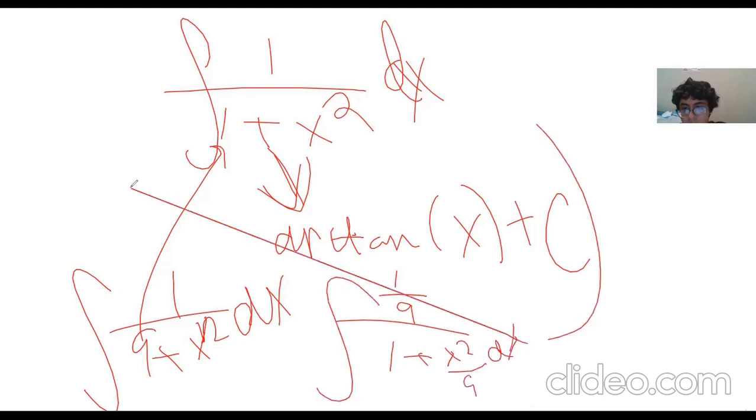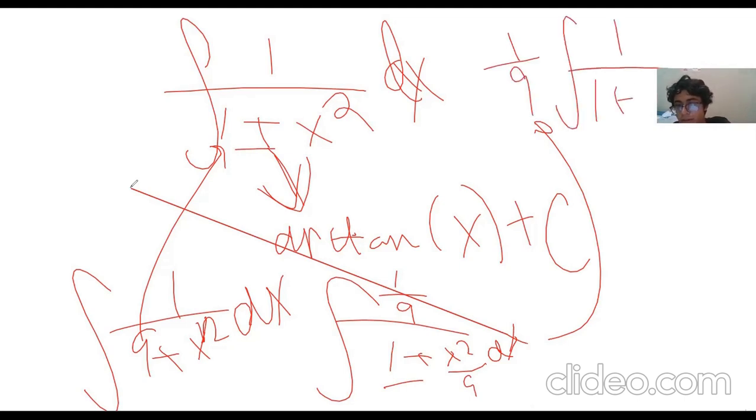And then we come up here, and then we say, okay, we got the 1 plus part to look right, you know? And if we pull out the 1/9 because of the linearity property of an integral, it'll look almost arctan-ish.